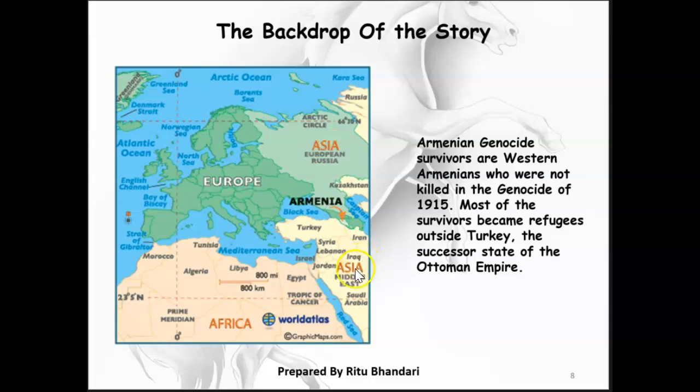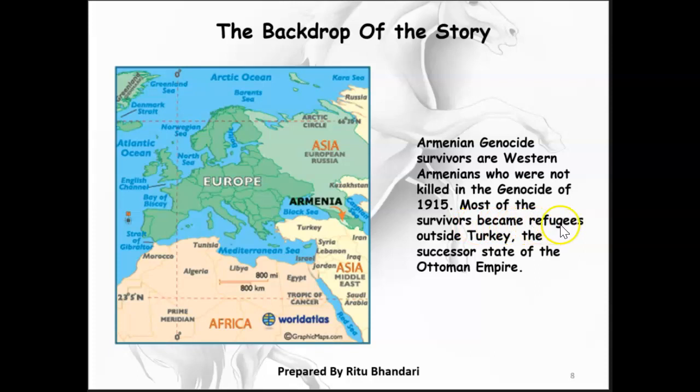This is Asia, European Russia, that was Eurasia earlier when Europe and Russia were combined. But here you can see Asia is here, Iran is here, near the Caspian Sea, near Turkey, and in between the Black Sea and the Caspian Sea, you have this place.